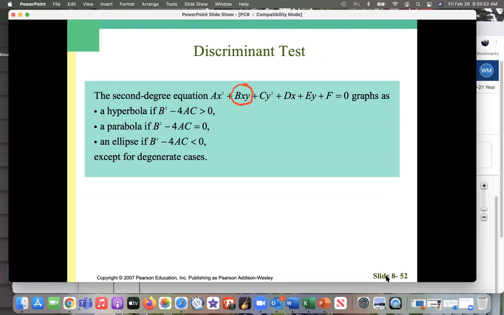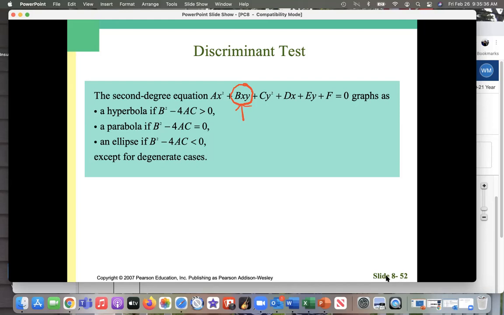If we didn't have that term there, that's realistically just like the conics we've dealt with before. Ax squared plus cy squared plus dx plus ey plus f. We could figure out what that is without a lot of trouble. Now this term right here is what's going to cause things to be rotated. That xy term, that's what's different. That's what's new here today.